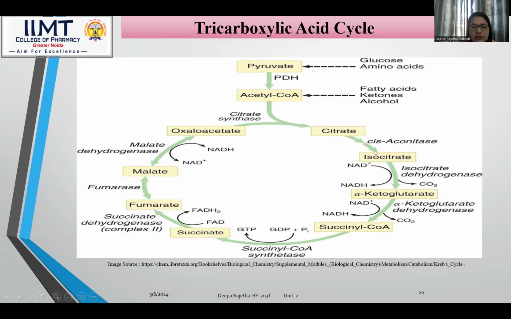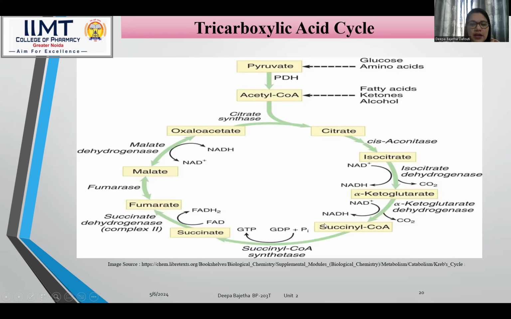Then this citrate is converted into isocitrate with the help of the aconitase enzyme. This isocitrate is converted into alpha ketoglutarate with the help of the enzyme isocitrate dehydrogenase, and NAD is reduced to NADH. Then alpha ketoglutarate is converted into succinyl coenzyme A with the help of alpha ketoglutarate dehydrogenase.